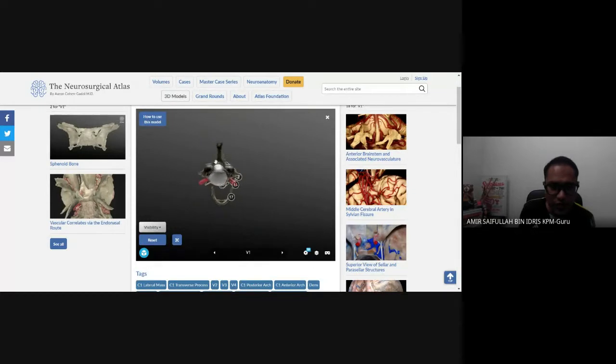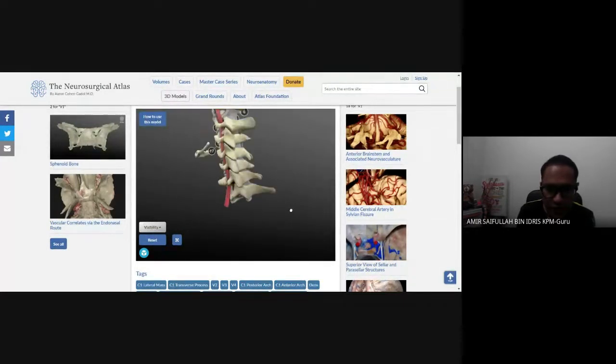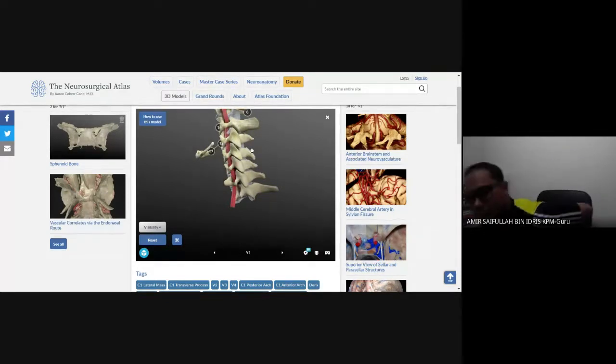So you see the long part yang ni kita panggil spinous process. Dia memanjang ke belakang. And then yang putih ni, yang ni neural canal. Where all your motor neuron, sensory neuron, they are located inside here. Nampak dari tepi kamu akan nampak spinous process. That's why at the back you can feel the spinous process.